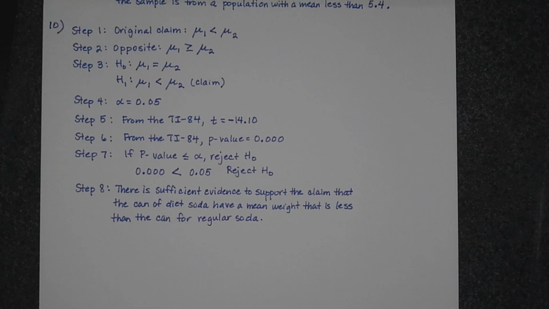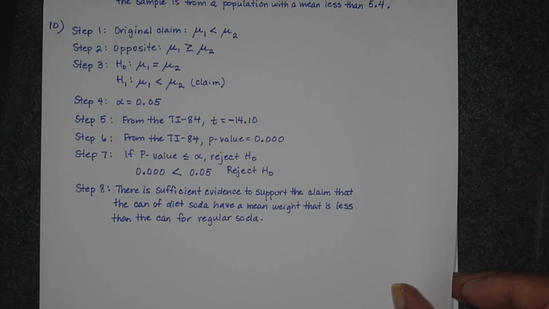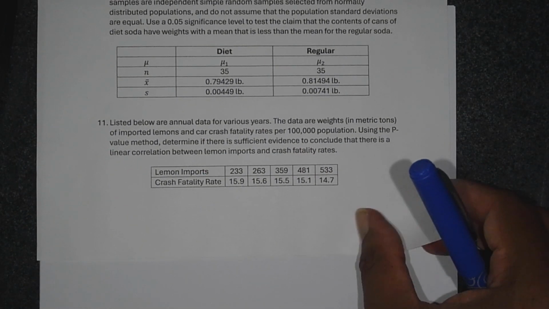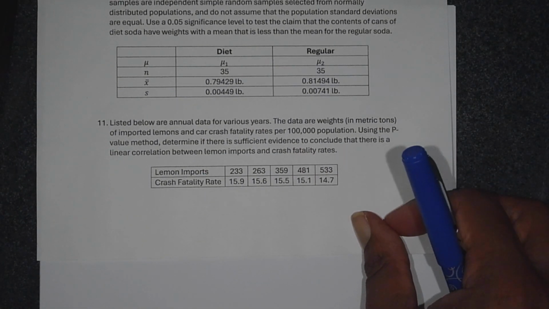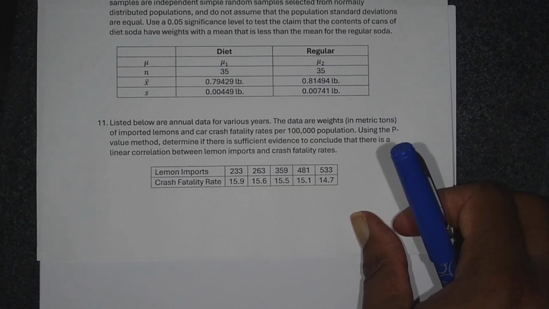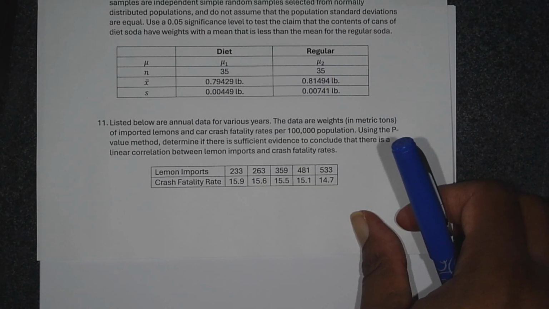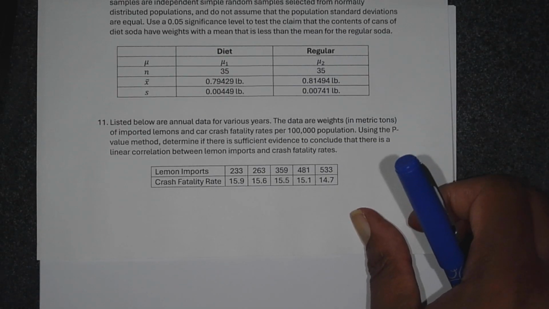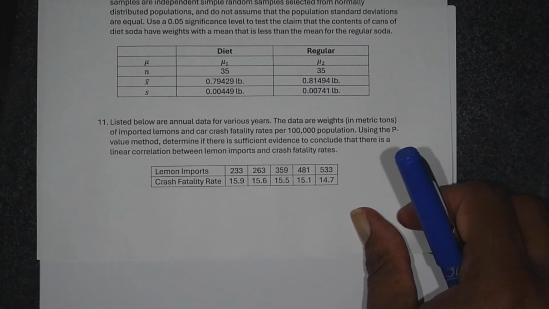All right, are there any questions about problem number 10? Okay, problem number 11. Looks like this. Listed below are the annual data for various years. The data are weights in metric tons of imported lemons and car crash fatality rates per 100,000 population. Use the p-value method.